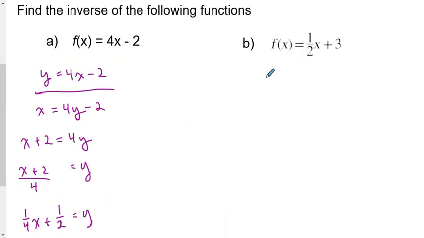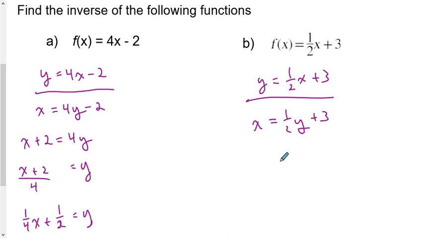Let's try this other one over here. Let's do our inverse. So we're going to say, okay, I'll write it as y equals 1/2 x plus 3. Now we'll switch our x and our y. Let's isolate y. Let's subtract 3 from both sides. And now to get y by itself, let's multiply both sides by 2.